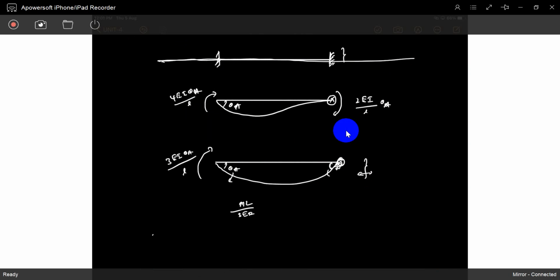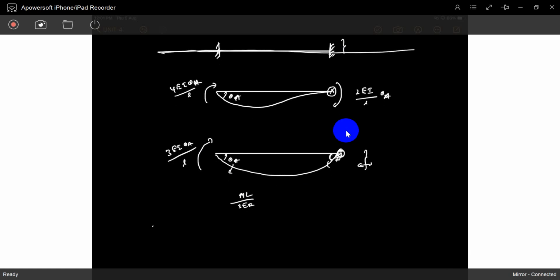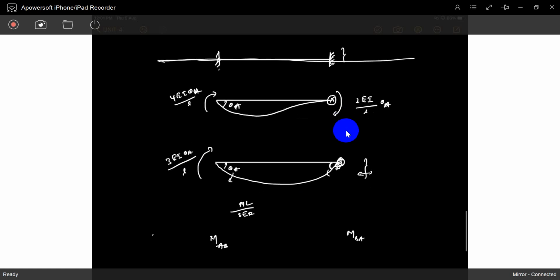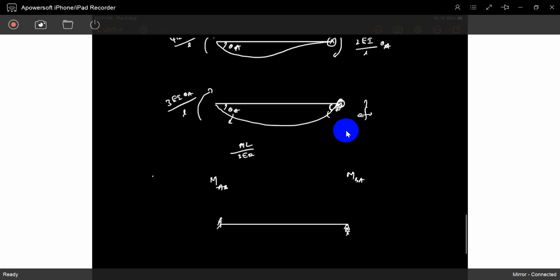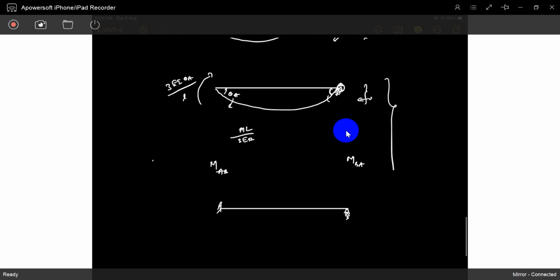Now you will see. The fixed end moments are MAB and MBA. One end is fixed and one is hinged, so take these three diagrams.